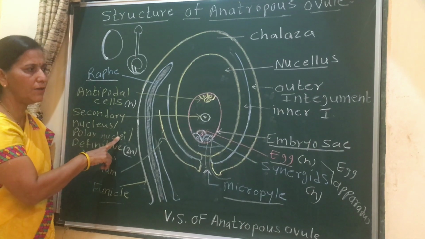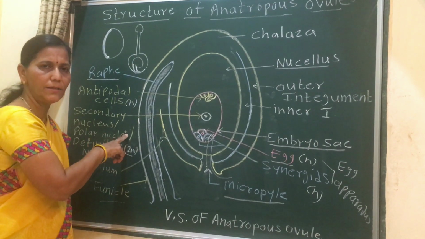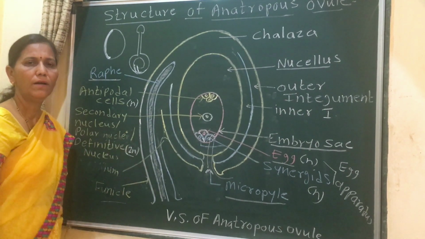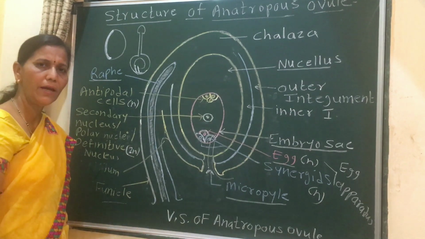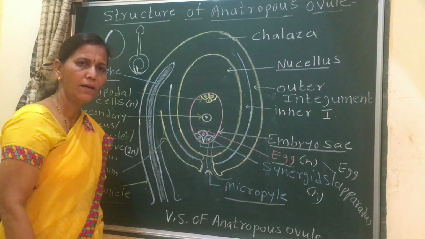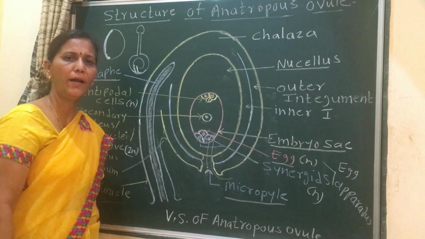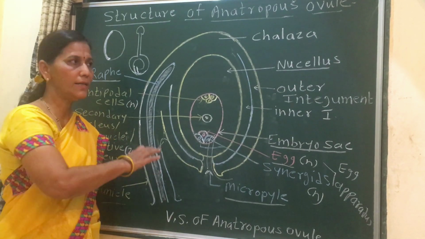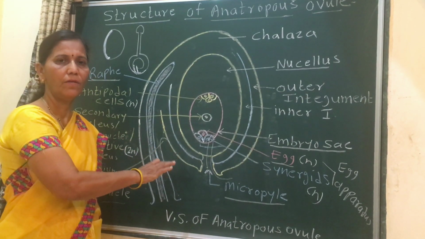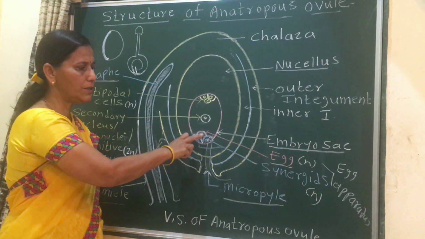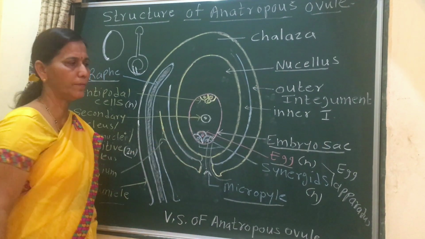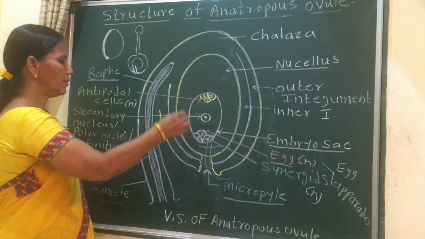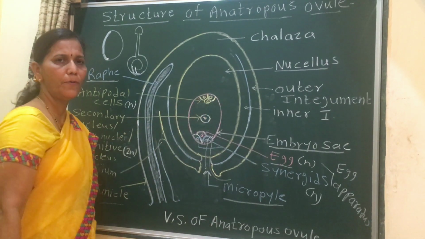Then function of secondary nucleus. The secondary nucleus after fertilization will form triploid primary endosperm nucleus which in future forms the endosperm. That is the nourishing tissue which provides nourishment to the developing zygote. Then antipodal cells.